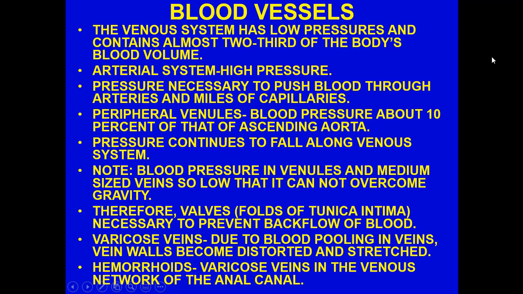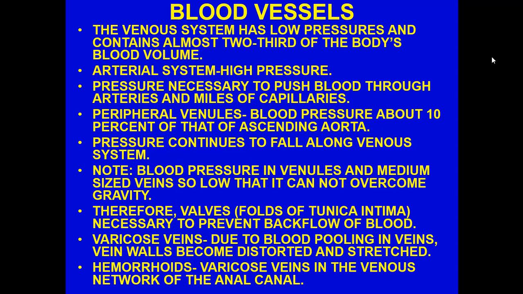Now, let's talk about the venous system. A lot of the force or pressure of the blood has been relatively high as we've gone through these elastic arteries and muscular arteries, but a lot of the pressure drops as all of this blood spreads out through the many capillary beds.